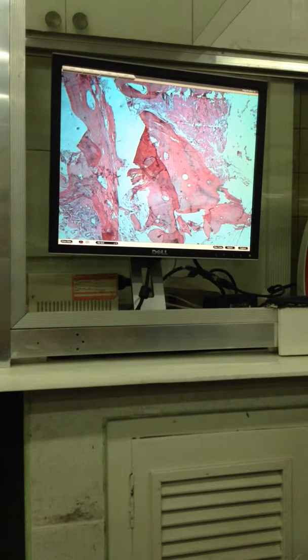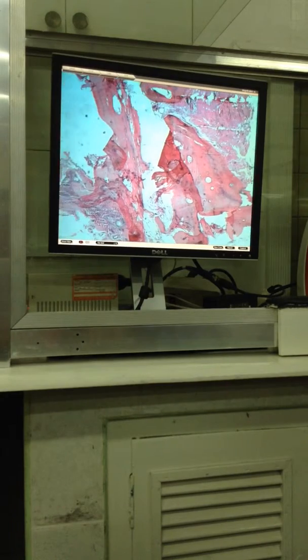And then you will be able to appreciate probably an outgrowth in that area. It could arise from the medullary cavity and be seen on the surface of the bone, in the subperiosteal region.